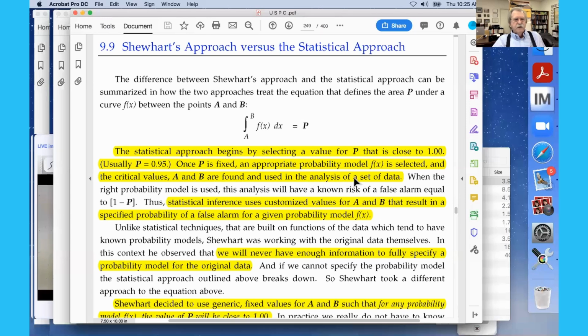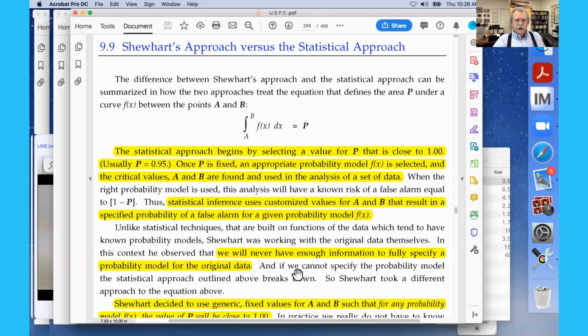And then we use those critical values in our analysis of the data. And so statistical inference uses customized values for A and B that result in a specified probability of a false alarm for a given probability model, f of x. And when you're thinking like that, the probability model is important, because if you change the probability model, you're going to change your value for P.